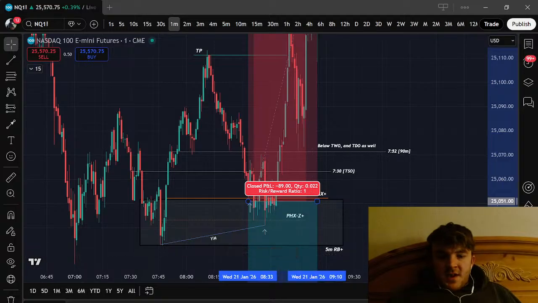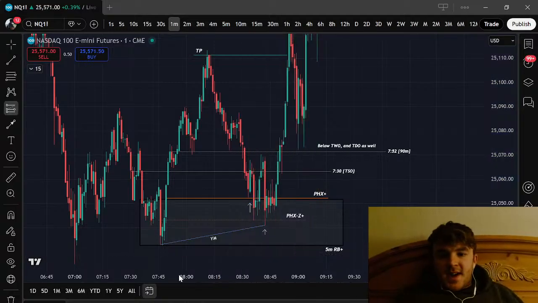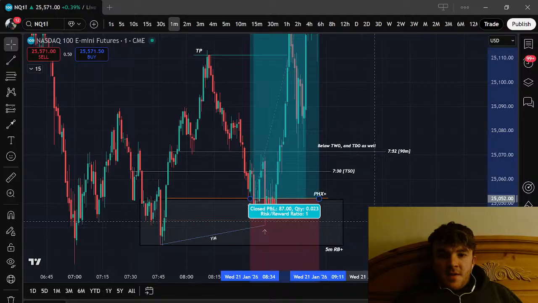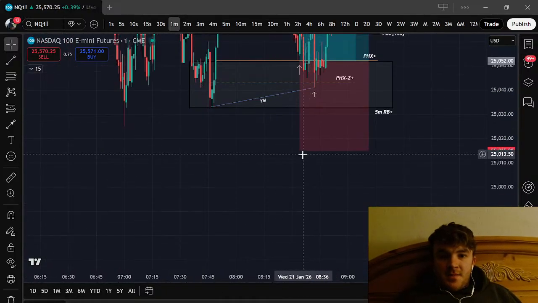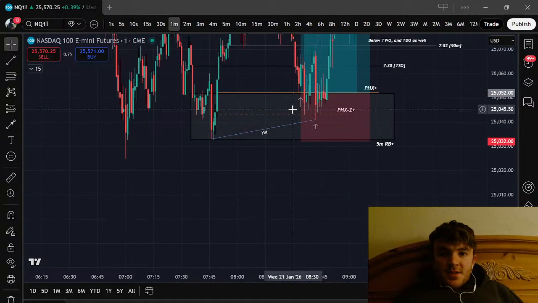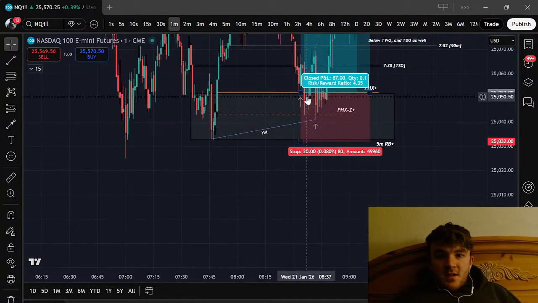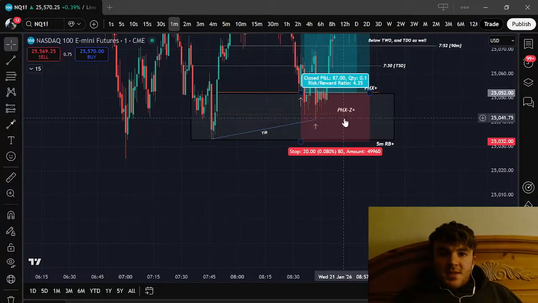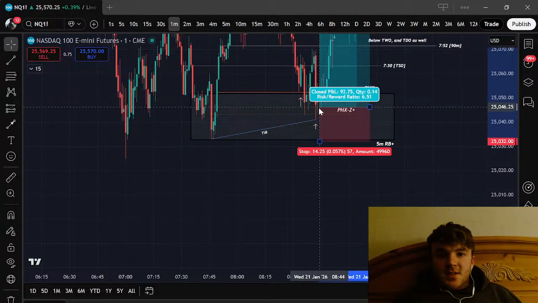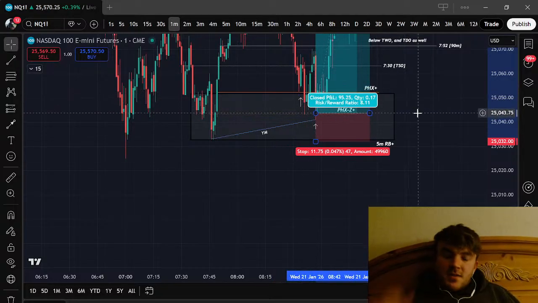I'm just trying to figure out how would I stack in this. When I say stack, what I mean is entering one contract at the rejection block and then adding another contract at the midpoint of the rejection block.